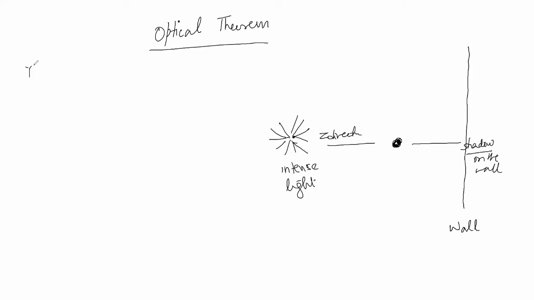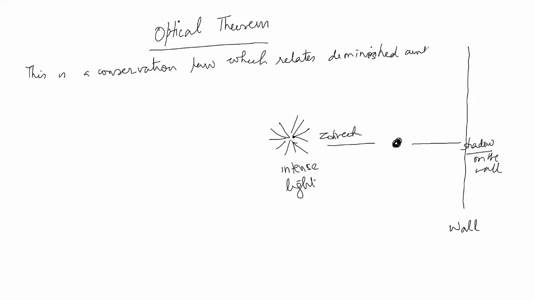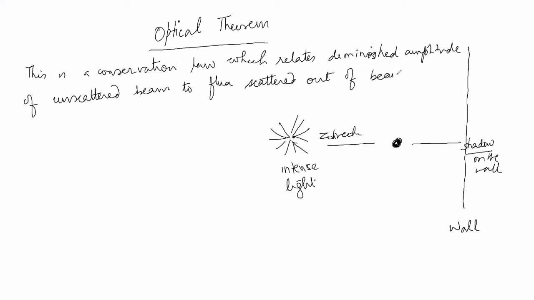What is the optical theorem? This is a conservation law which relates the diminished amplitude of the unscattered beam to the flux scattered out of the beam.